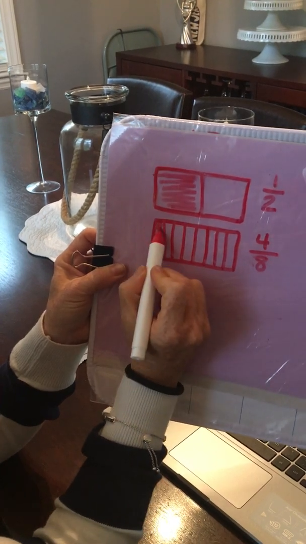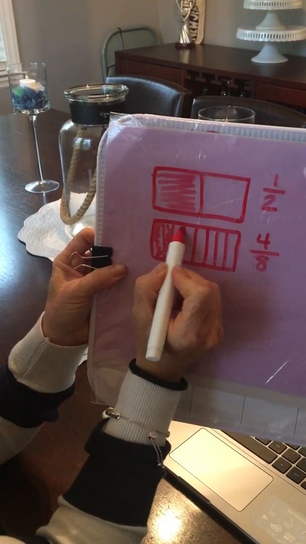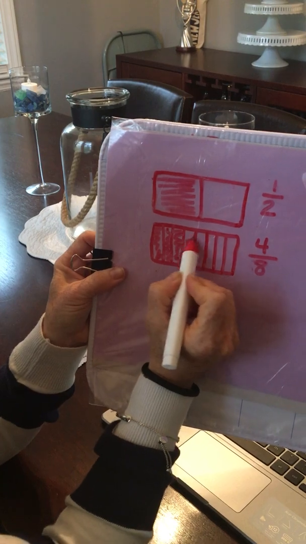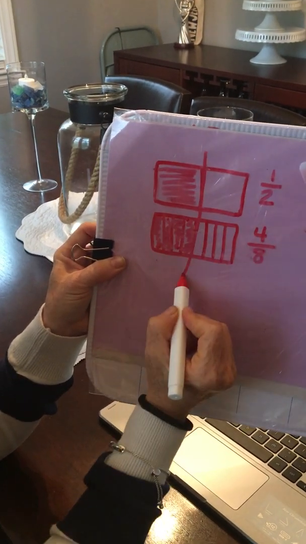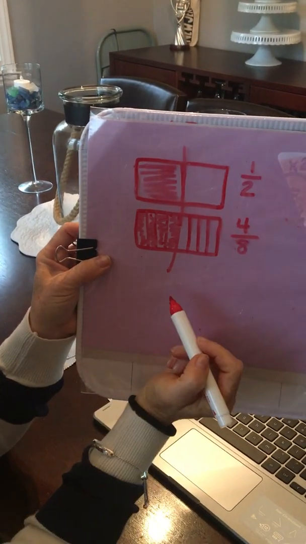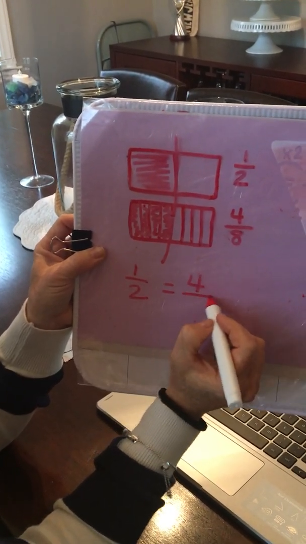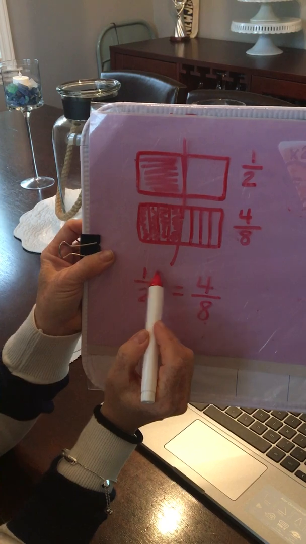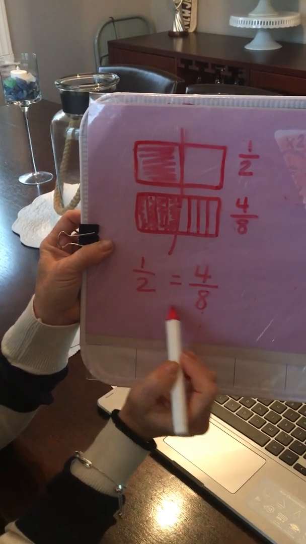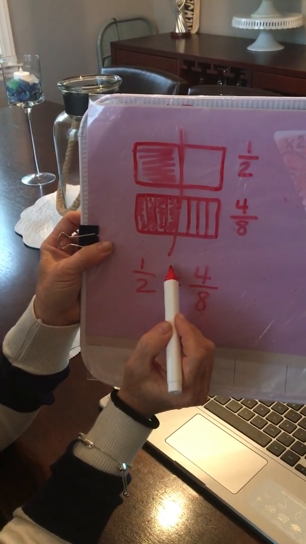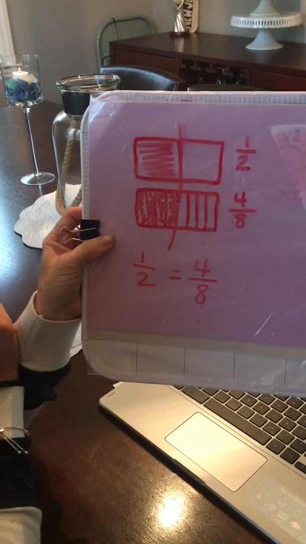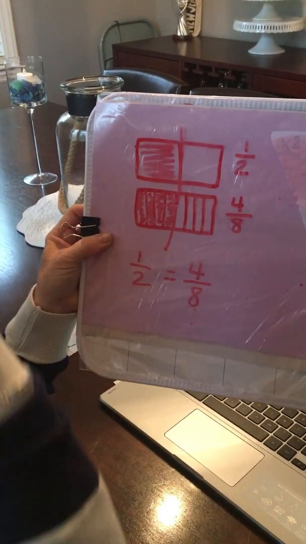And then I can shade in 1, 2, 3, 4, and I can see that they line up. So 1/2 is equal to 4/8. Using multiplication, 1 times 4 is 4, 2 times 4 is 8. I multiplied the top and the bottom by 4.